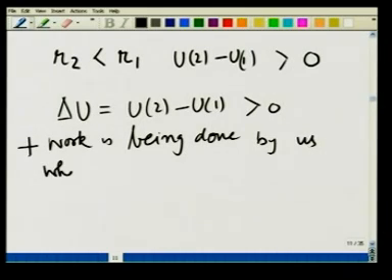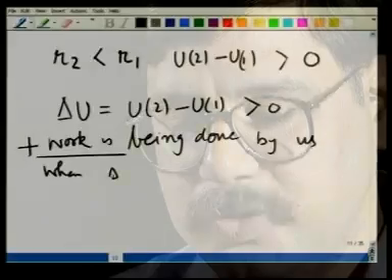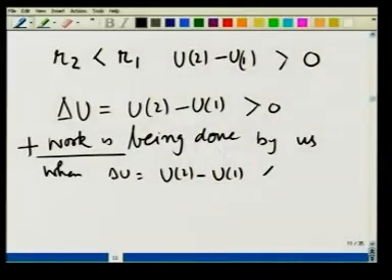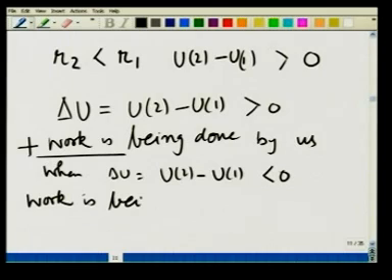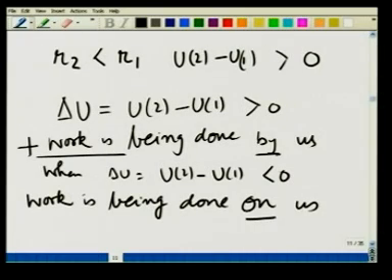When delta U, which is U2 minus U1, is less than 0, work is being done on us. Keep this in mind.